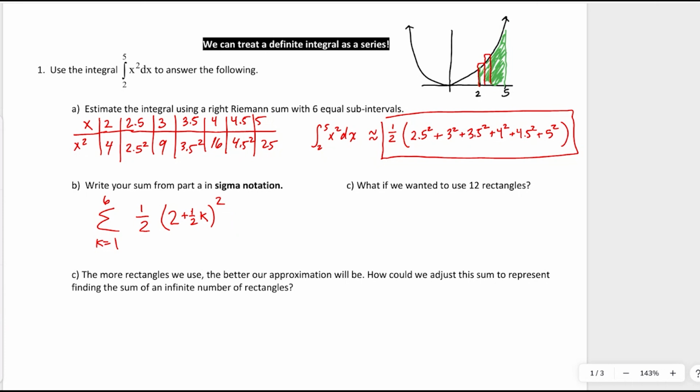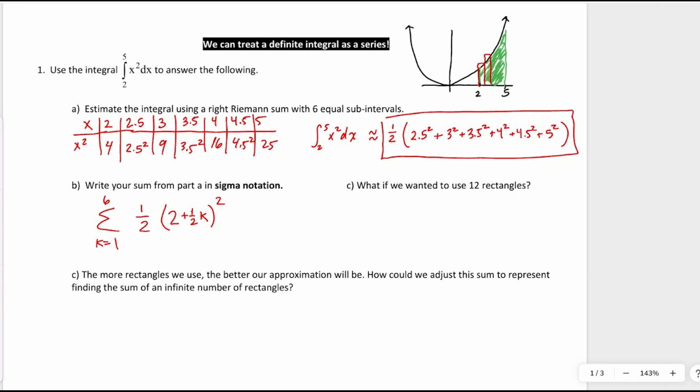So the total base from 2 to 5 is 3 units, right? And if we divide that into 12 intervals, we get 3 divided by 12, which is the 1/4. It's half of a half, right?